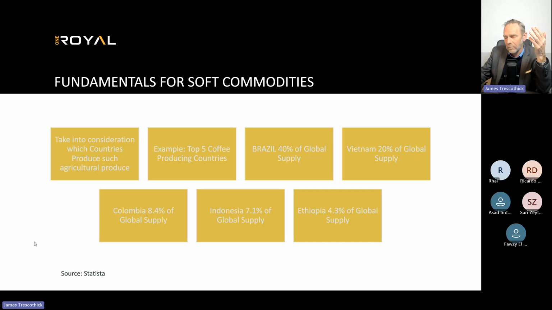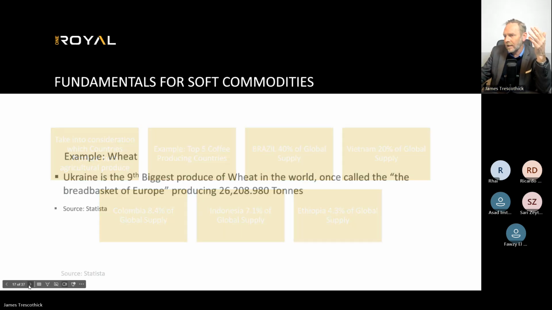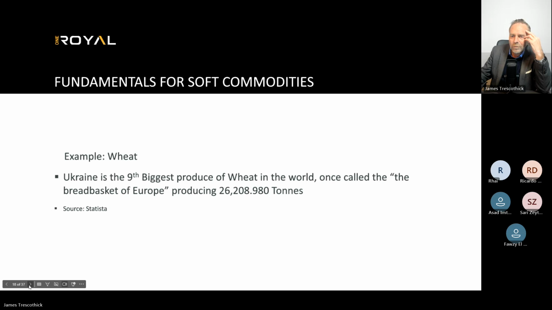So why do we need to bear in mind what's happening with these countries? Well, we need to find out what's happening with them, because if something happens to them, it's going to potentially affect supply. Here's an example. Ukraine is the 9th biggest producer of wheat in the world.